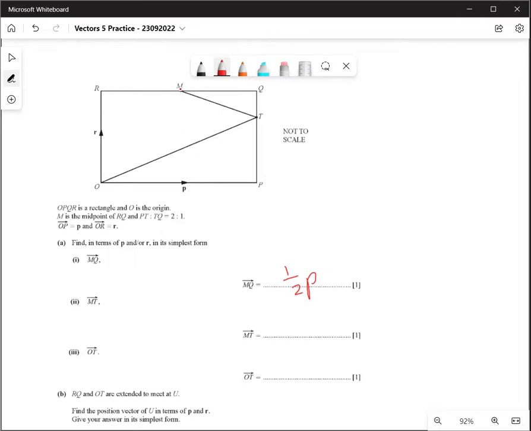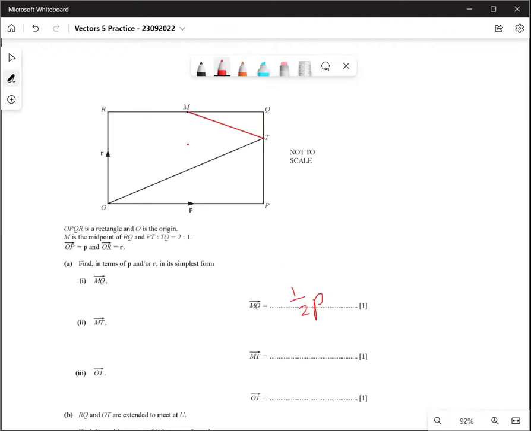So MT is like M and then T is below Q. This one? The red guy? Yeah. Okay. Now, how do I go from M to T? Is there any other way to go from M to T? Yes, there are like 3 more ways. Take the shortest one. Which is that?